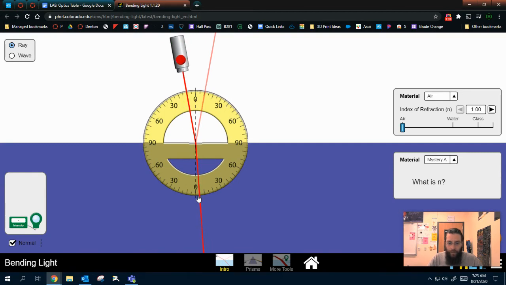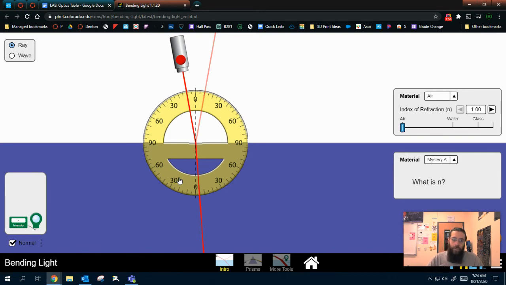And so here, coming out, I'd say that's maybe 4.5. So maybe I'll write 4.5 down in my lab notebook. And so the laser passes out, and later on you'll use Snell's law to calculate that index of refraction. Okay, so you'll do this for 10, 30, and 60, then switch materials.